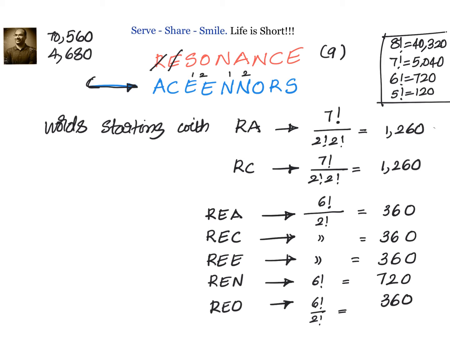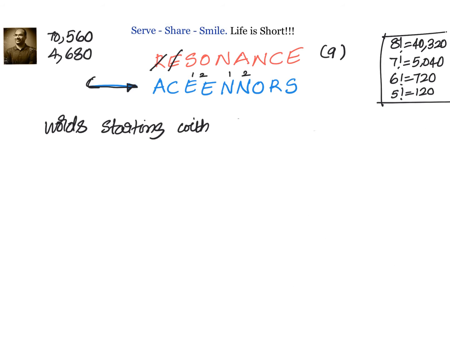We crossed REO, we have to go to RES. Let's do that. Once we crossed R, E, and O, next what we have is RES. Now once I get RES, the first thing I have to do is strike off S and come back again to the starting point.